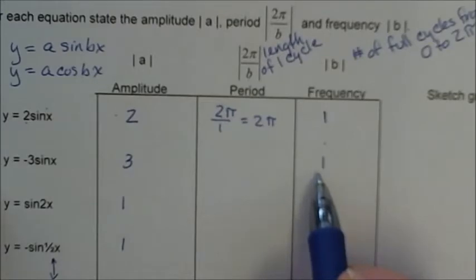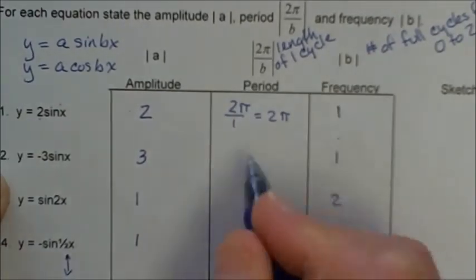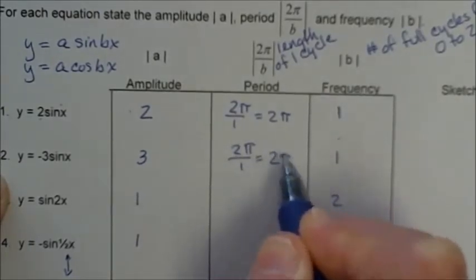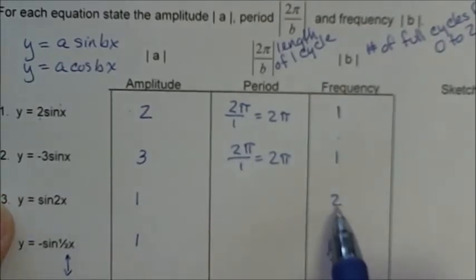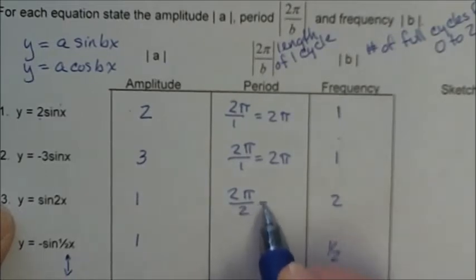Our period for number 2, 2 pi divided by our b value, 2 pi divided by 1 is 2 pi. Number 3, 2 pi divided by 2 is pi.